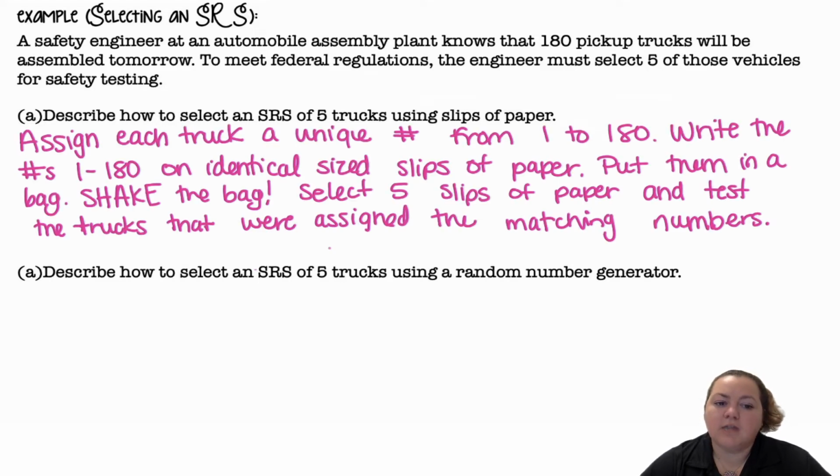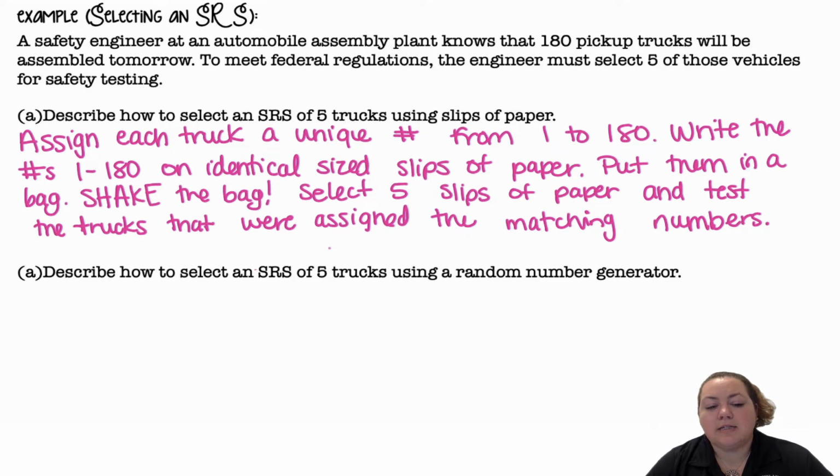All right, so we could assign each truck a unique number from 1 to 180. Write the numbers 1 to 180 on identical slips of paper. Put them in a bag, shake the bag, select 5 slips of paper, and test the trucks that were assigned those matching numbers. And we would want to take those pieces of paper out without replacement, meaning we're not going to put them back in the bag.